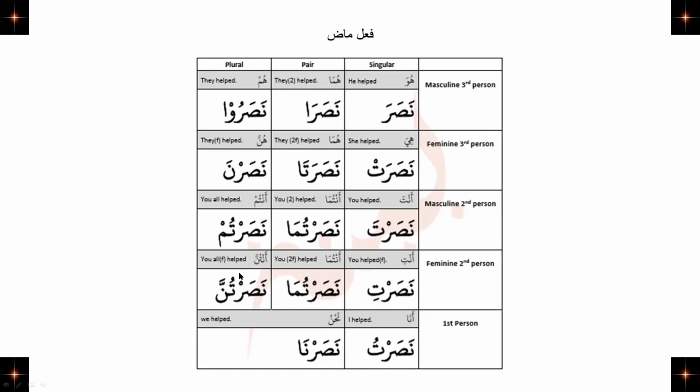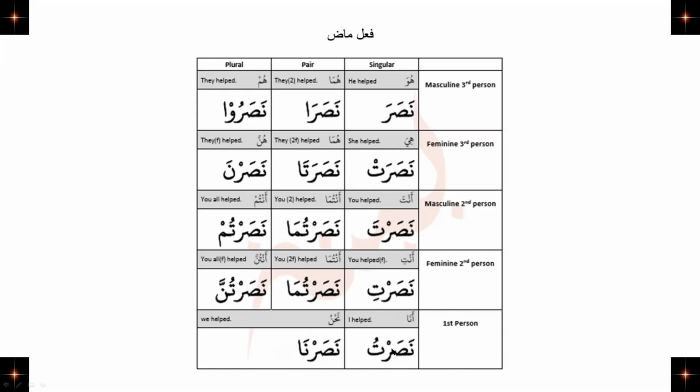Antunna, all of you, feminine. You remember this na, but in this case it is put with shadda and then ta. Anytime you see this na, it is about feminine plural, but this is for second person, and then na is for third person. So you have clues that you can use, a lot of them.